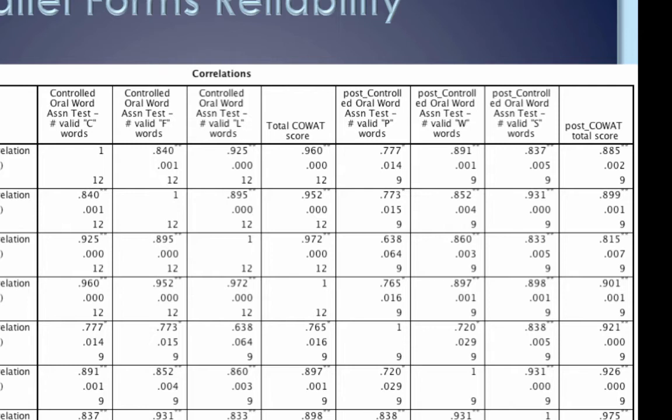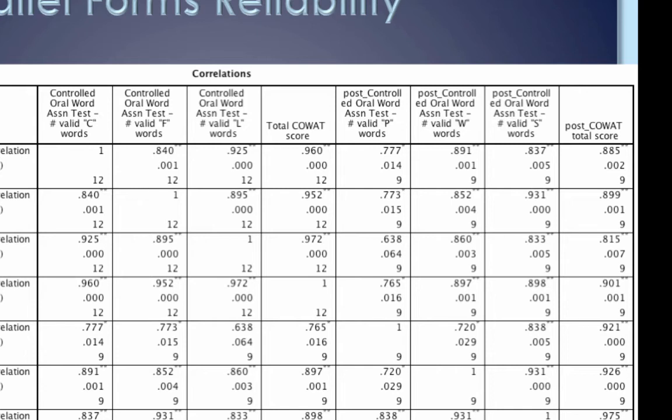It's not really cheating, but it's what we call a practice effect. So instead of giving you the exact same letters, I had to give you 3 different letters. In this case, the post-test, the post-COAT, utilized P, W, and S. And of those 3 letters, we had a total post-COAT score.